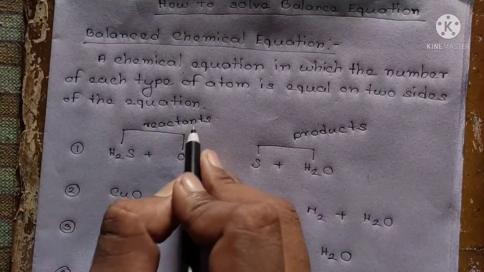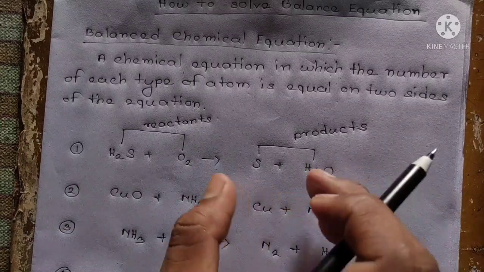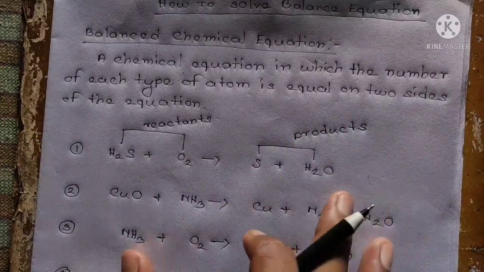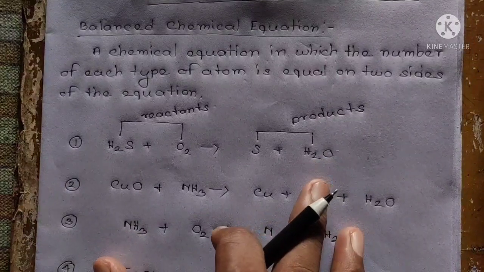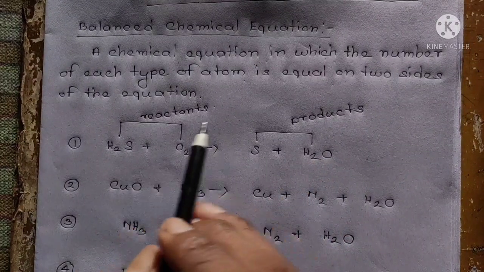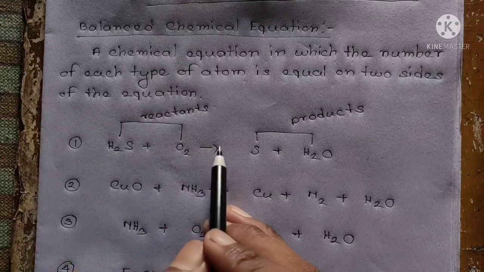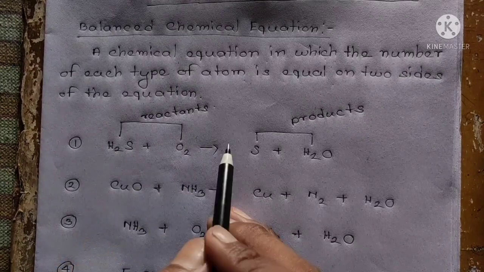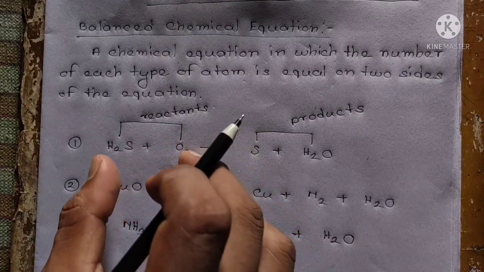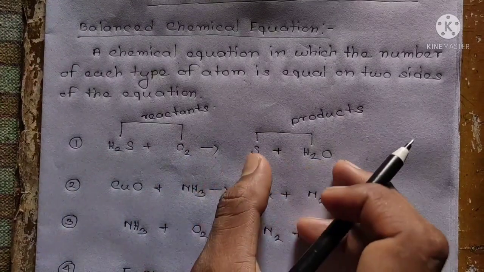Now we have to balance this equation. This is an arrow. This is the left hand side and this is the right hand side.